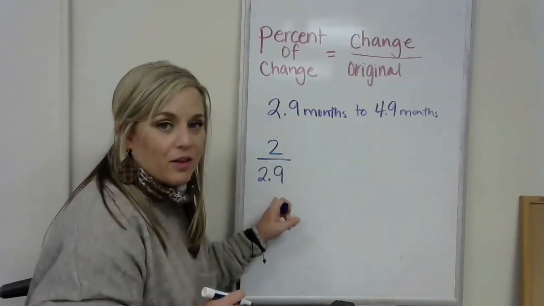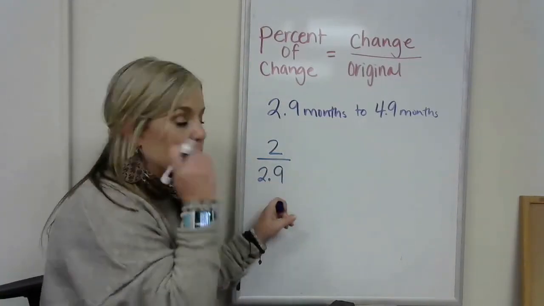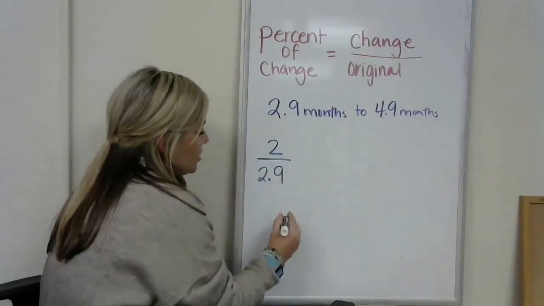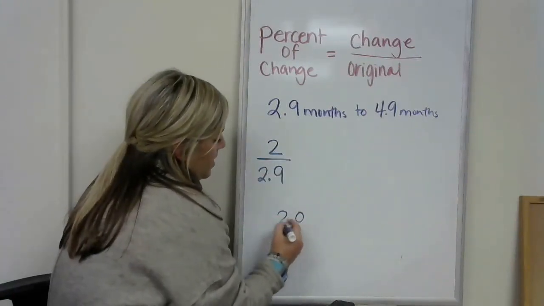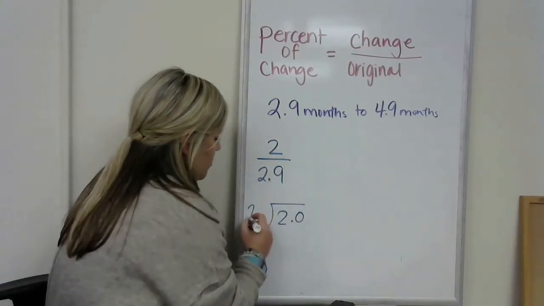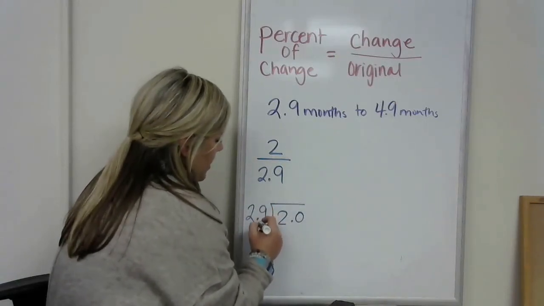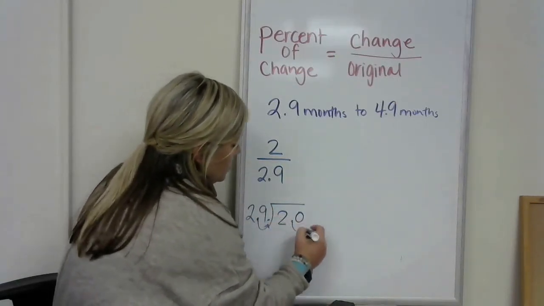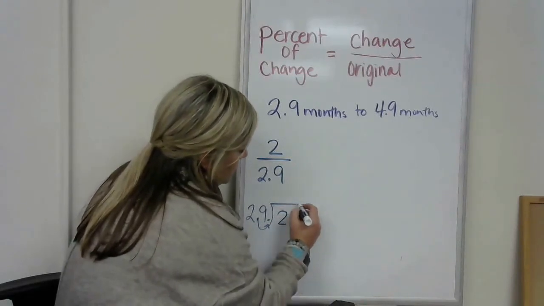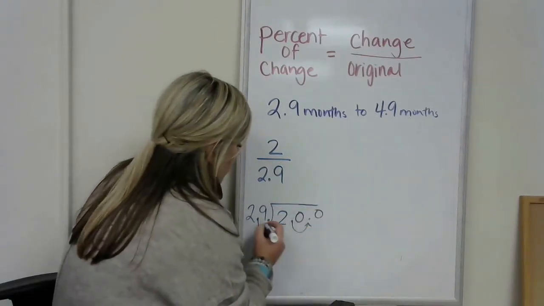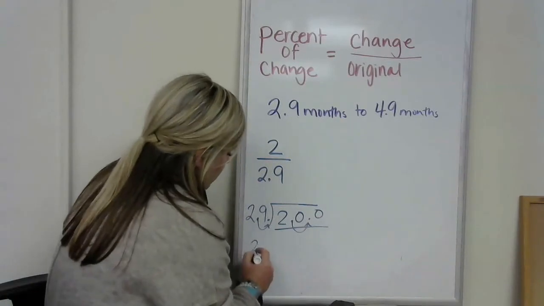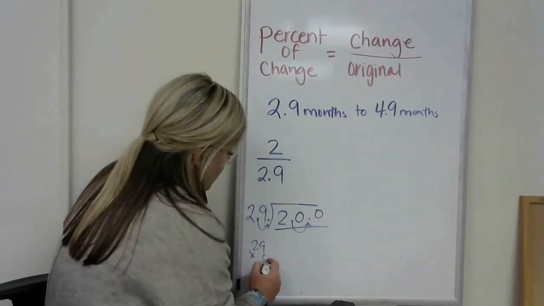Okay, we've got to T-bow this and turn this into a decimal so we can turn it to a percent. So 2 is going to go in the division box. And the bottom number, 2.9, is going to go out. And we've got to move our decimal. Okay. 29 can go into 200. It's probably going to be like 8 times.